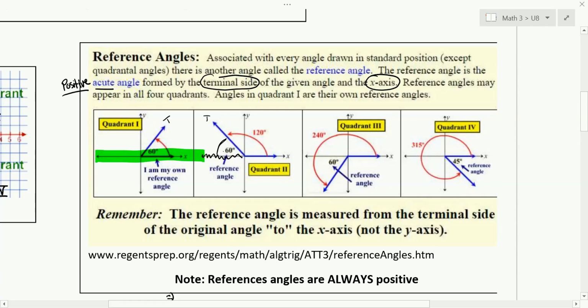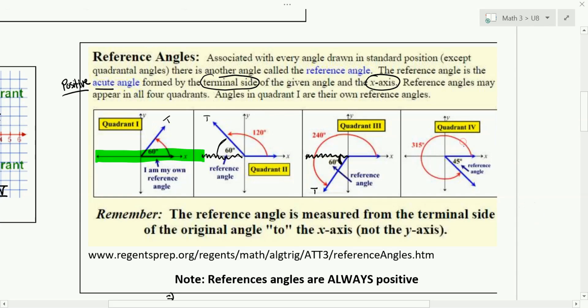In quadrant 3, 240 degrees, that's a lot. That's not an acute angle. Here's our terminal side. Don't go to the y-axis. Go to the x-axis from there, and so this right here, our 60-degree angle, is our reference angle.